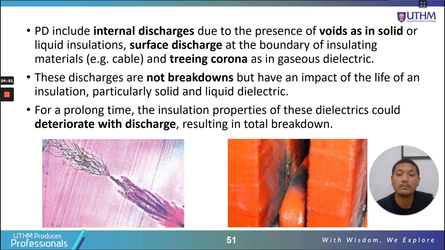If you keep on using the cable, the electrical treeing will over time keep growing, getting longer and longer until you achieve total breakdown. Total breakdown is basically a total failure, a phase to ground fault in this case, right?